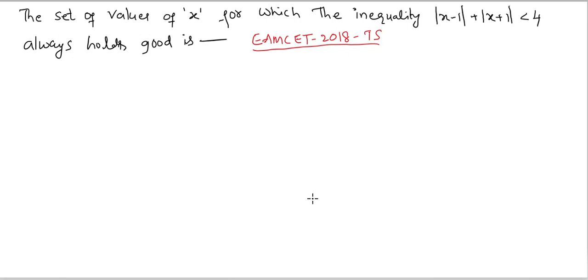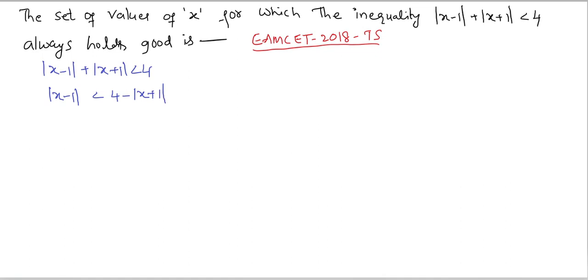The set of values of x for which the inequality mod of x minus 1 plus mod of x plus 1 less than 4 always holds good is dash. This is an MSET 2018 TS question. Here the given inequality is modulus of x minus 1 plus mod of x plus 1 which is less than 4. So mod of x minus 1 less than 4 minus mod of x plus 1.